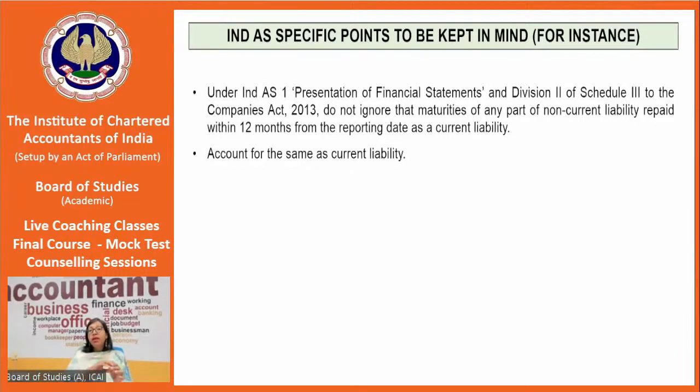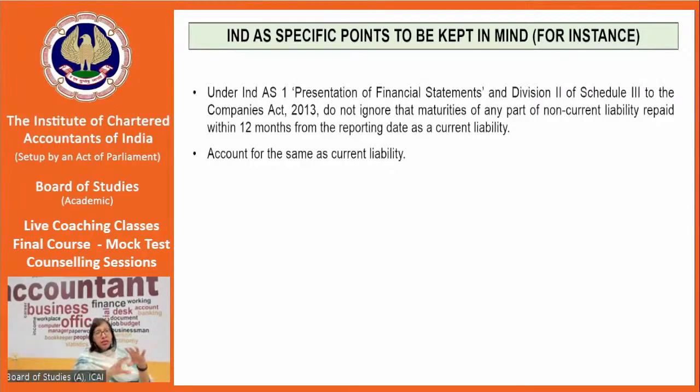What is the mistake? For example, they have taken a loan to be repaid in installments over 5 years. If I have to repay the loan in 5 years, it is definitely a non-current liability. Students place the total amount of that loan under non-current liability.